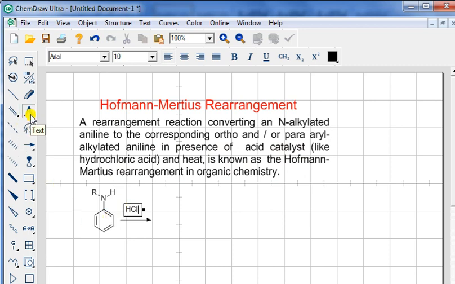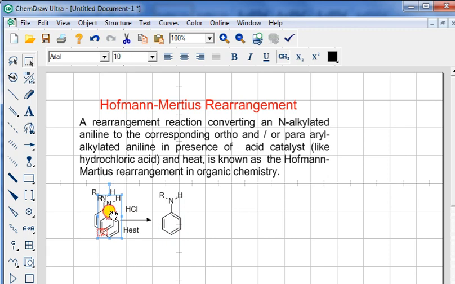We can just write heat, or put a delta sign below the arrow. So what does it form? From the N-alkylated aniline it forms the ortho and para alkylated aniline. So we will paste it two times.